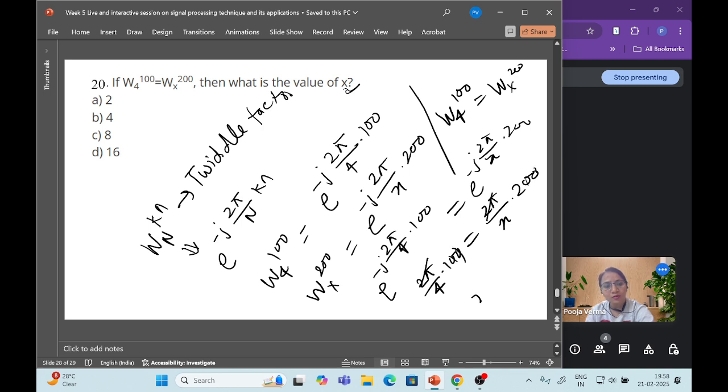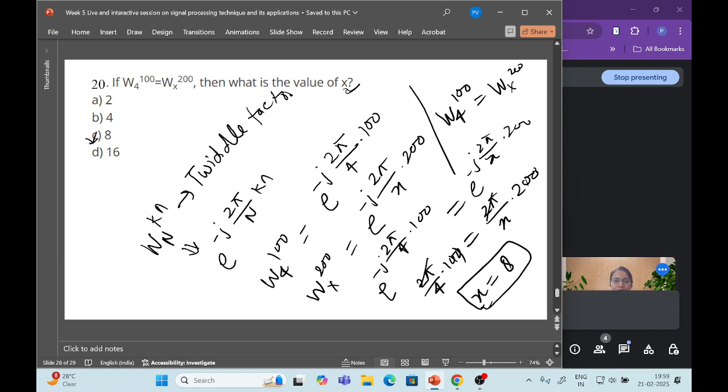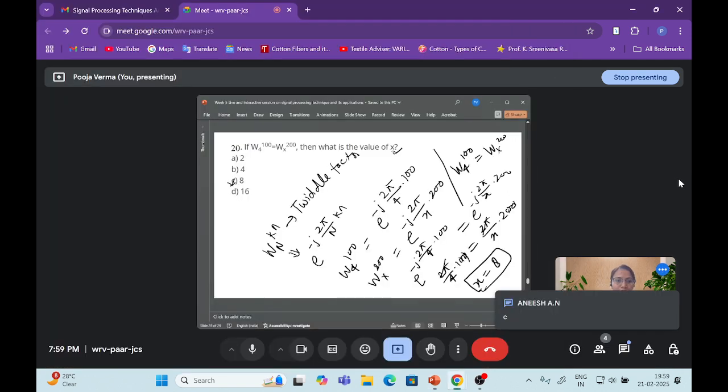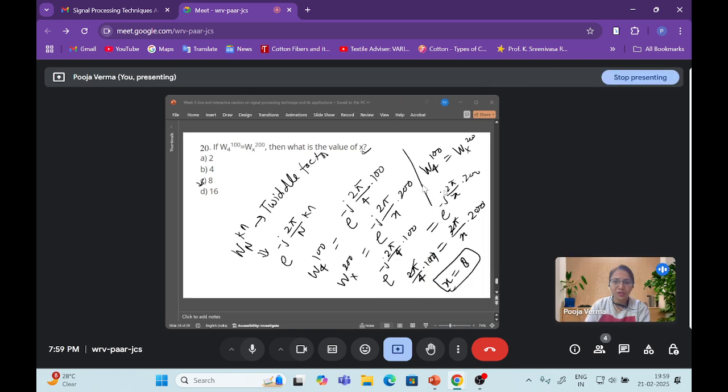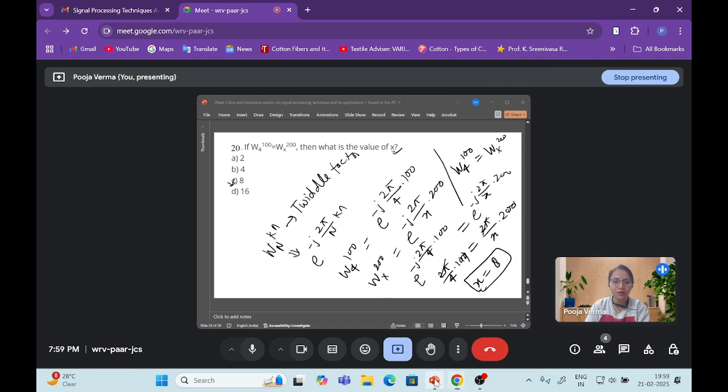You will get x is equal to 8, 4 into 2, 8. So x will be 8. So option C is the correct answer for this question.